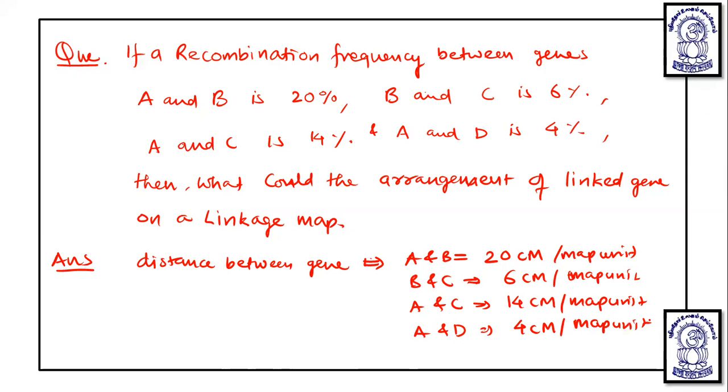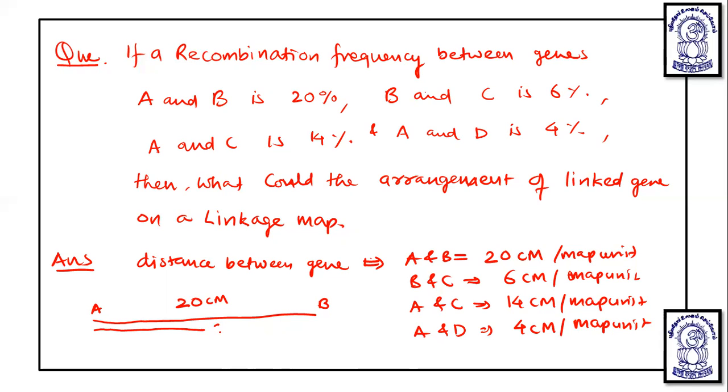So if we see the distance, then you can see that if we make a straight line, then between A and B you will see that it is 20 centimorgan or map unit. Now between B and C, and A and C is 14% and B and C is 6%, so it is going to be 20.